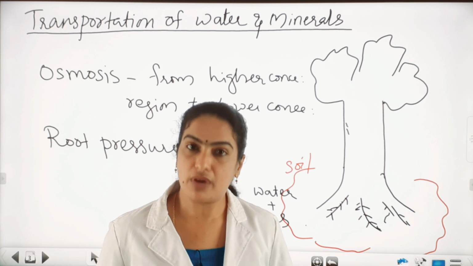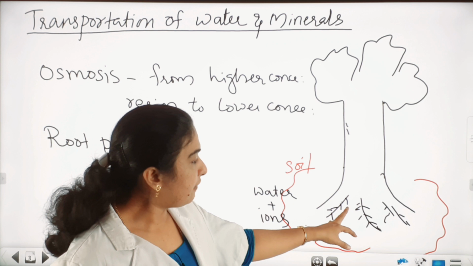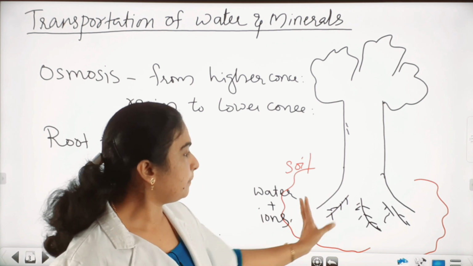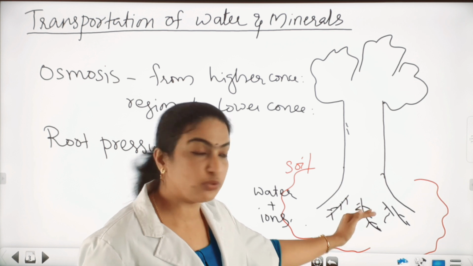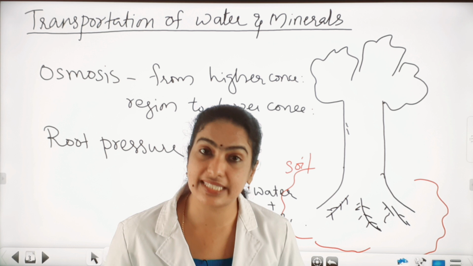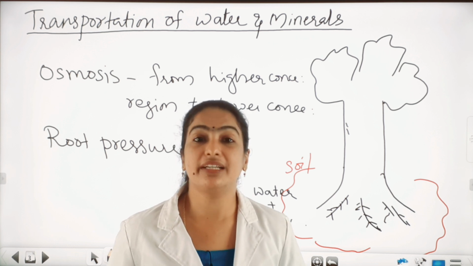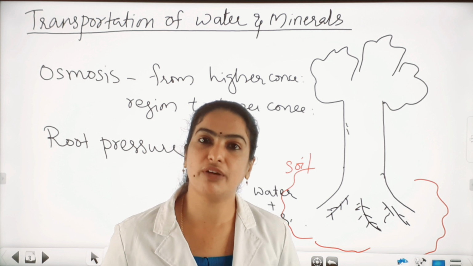Is it clear? Once more, with the help of the root pressure, the water through osmosis enters into the root cells, and from the roots through the xylem it can go upward by utilizing the same root pressure. But it is enough to conduct water only in case of herbs.